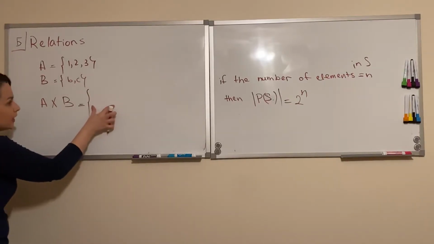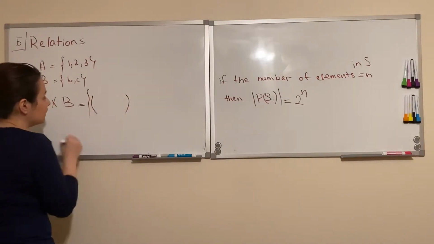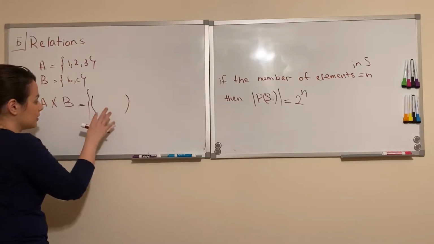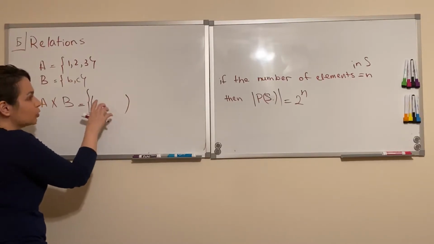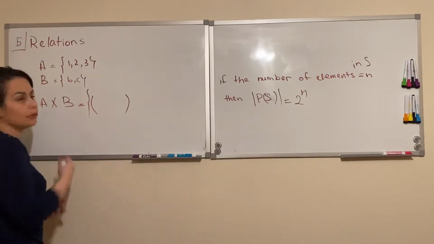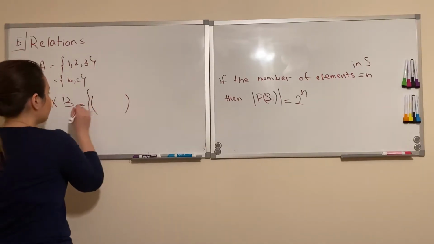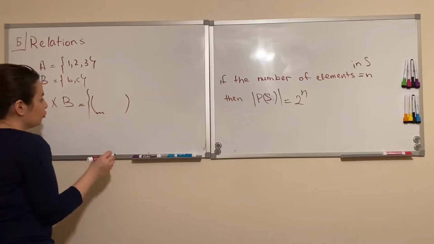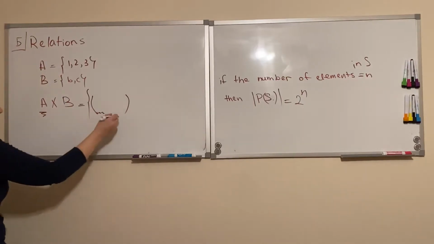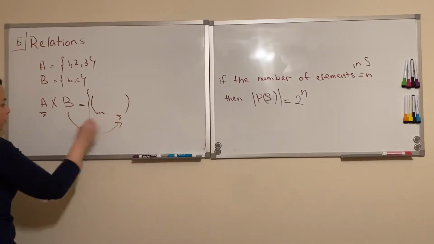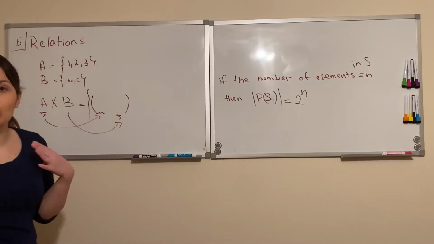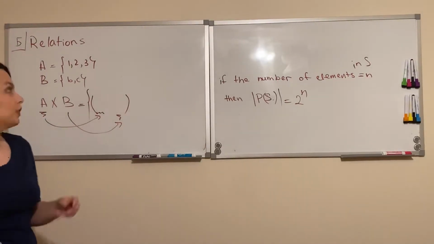Each element here is an ordered pair, which means it is different if I have, for example, 1 and 2 or 2 and 1. We care which element comes first. So the first element of each pair comes from A because A is first, and the second element comes from B. And we write all the pairs that we can have.